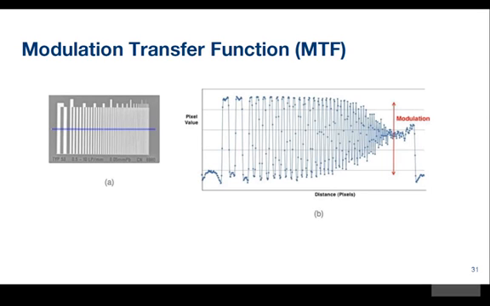So we can see how well the system transfers high frequency information into our final image. You can see for a long time we see no reduction in signal, and then suddenly it starts to fall off.